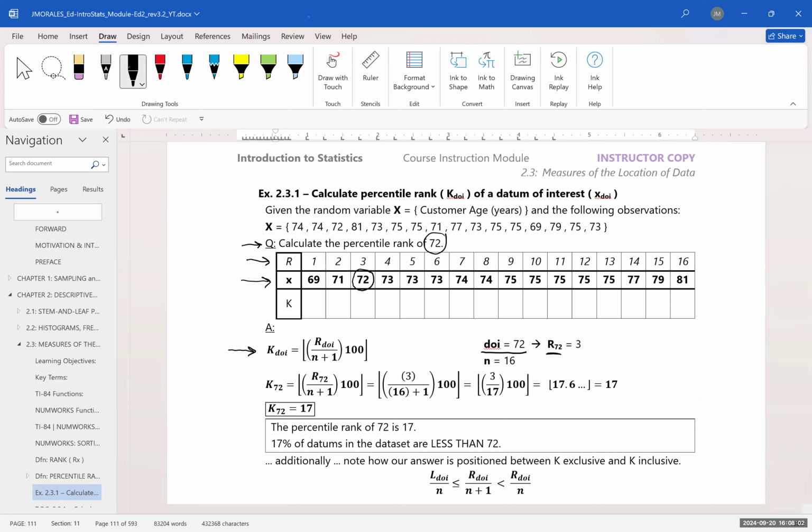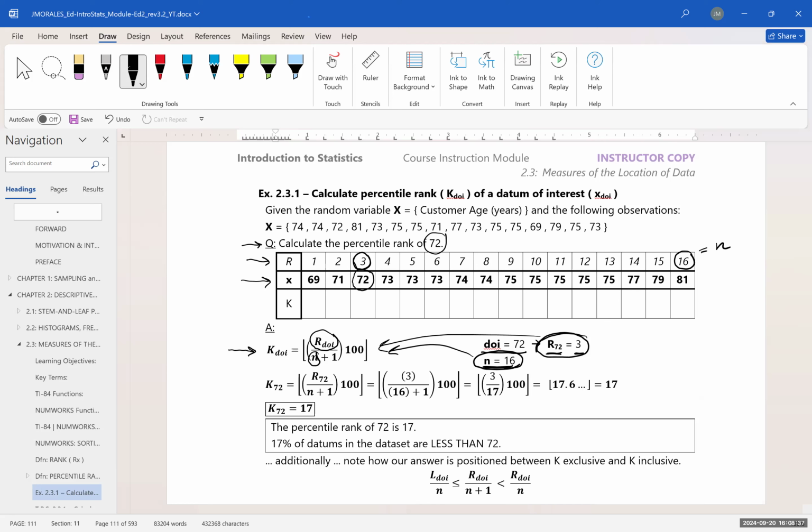The rank of 72 is 3, so 72 is the third datum in our data set. And n is 16 because we have a total of 16 datums. Now we need to take the rank of our datum of interest and the sample size and plug both of them into our formula.